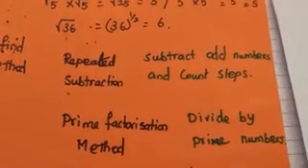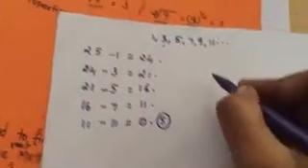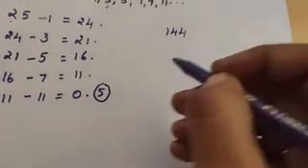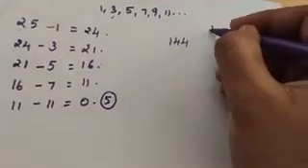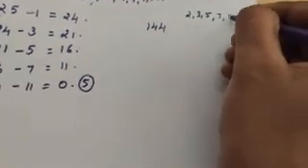This you usually do by dividing the number by prime numbers. Suppose here 144 is the number, right? For this we have to find the square root. In prime factorization we use only prime numbers. What are the prime numbers? 2, 3, 5, 7, 11, like that.